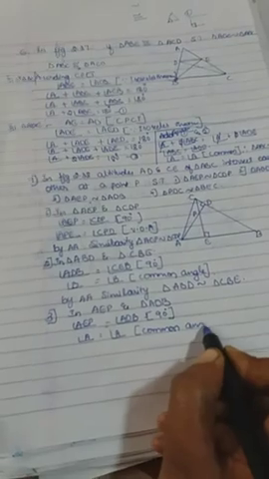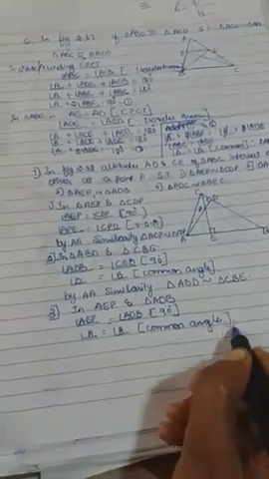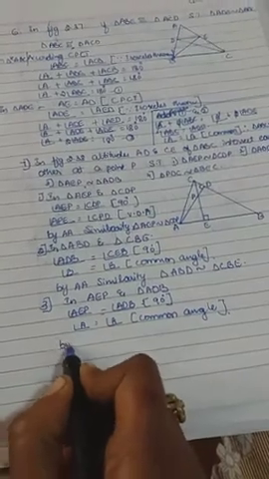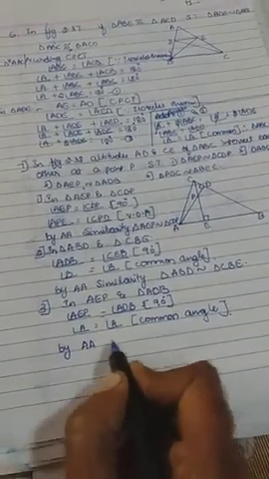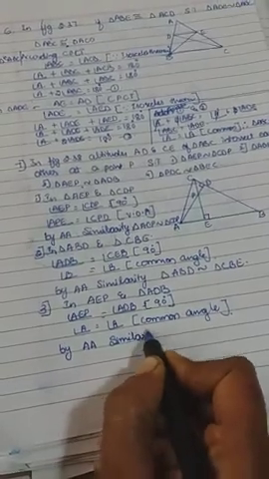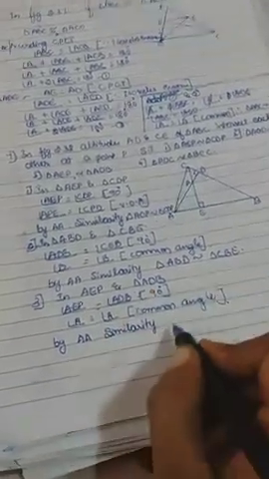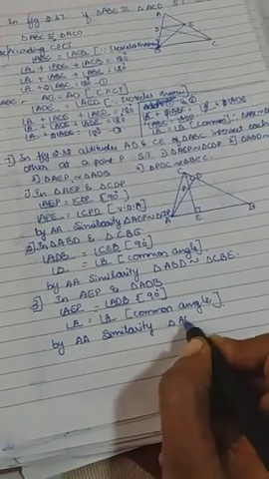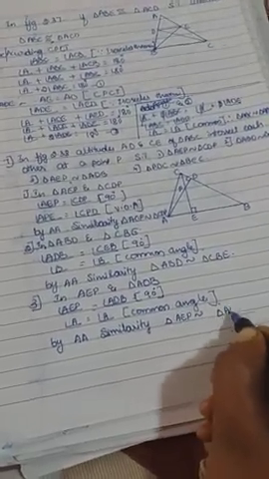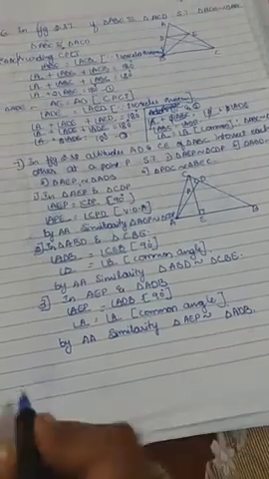First get to know the method, the same method works for all the sums. So again by AA similarity criteria, we can say that triangle AEP is similar to triangle ADB.